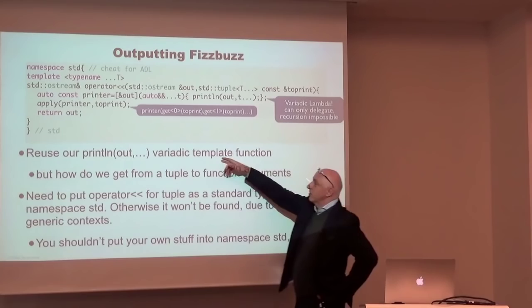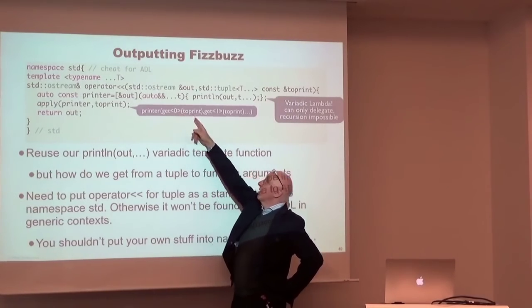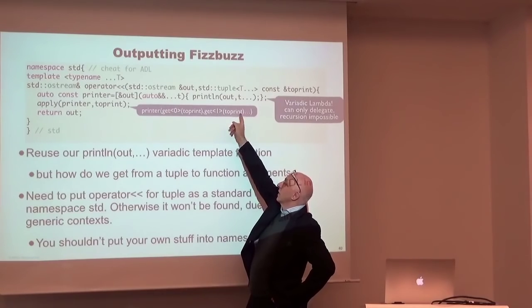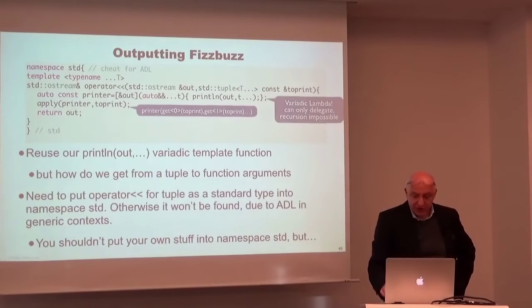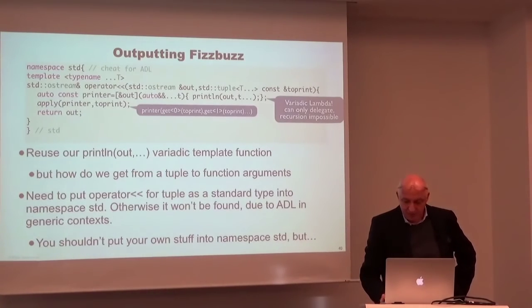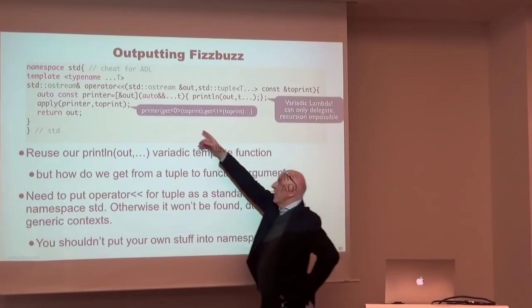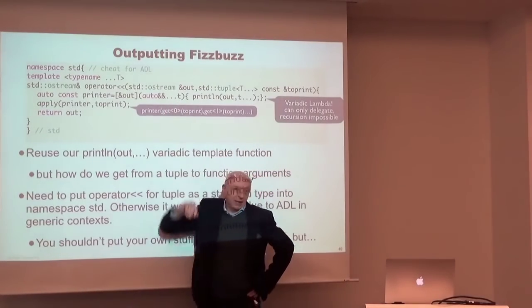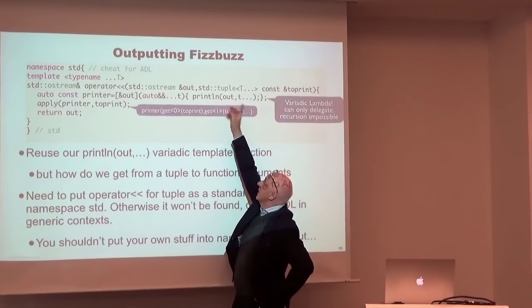So actually what we need to call is our printer lambda with get<0>, the first element to print, get<1>, the second element to print, and all that. And that's what apply is doing. One thing to learn as well: in C++14, we have variadic lambdas, and in principle it should use std::forward here, but I didn't do that.